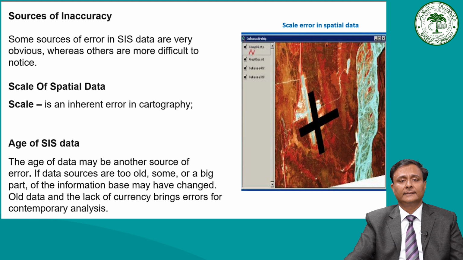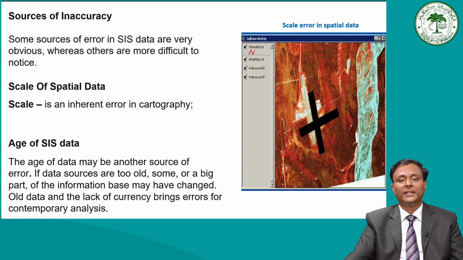Now, errors in data may derive from three main sources. First, errors in the sources of data. It may be errors in maps used by the surveyor or printing errors. This is one way errors might come along with the data.